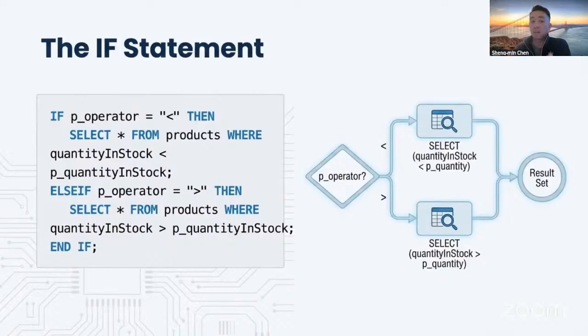Look at this example. Supposedly, P operator is a variable that we have taken from a parameter of a stored procedure or whatever. This is trying to evaluate whether the parameter that was taken in is a smaller sign or larger sign.